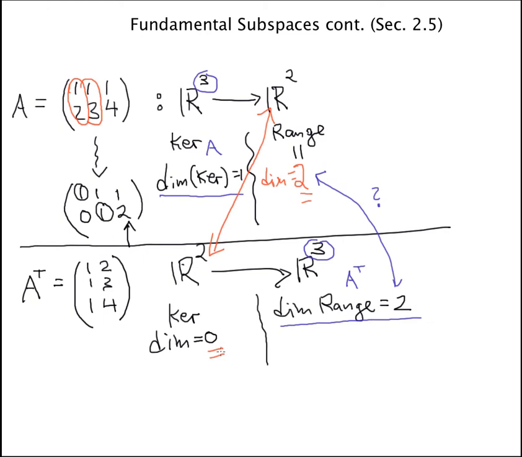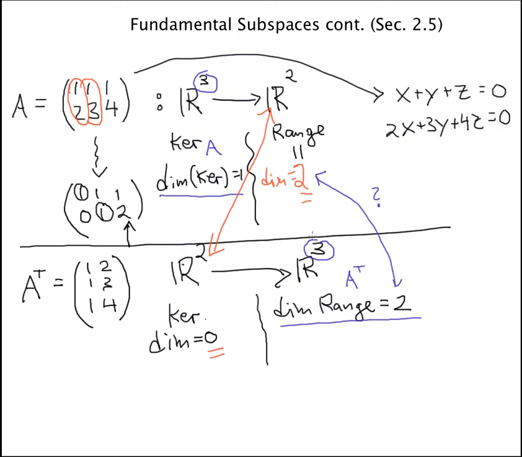If you just think about the equations, if you write out the equations for these various things, this has to do with the equations x plus y plus z is equal to 0, the kernel, for example, and 2x plus 3y plus 4z is equal to 0.